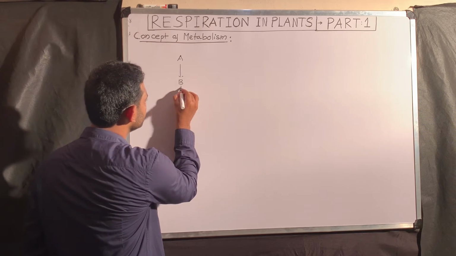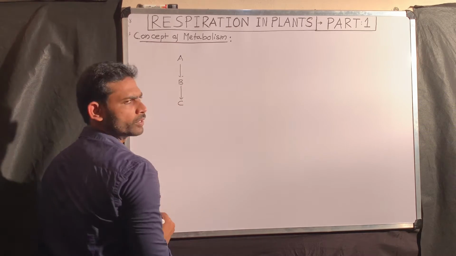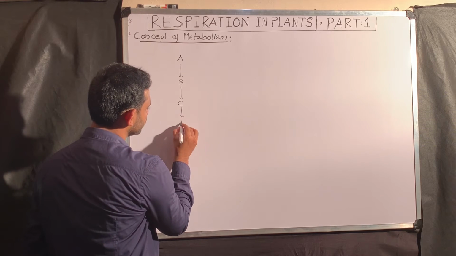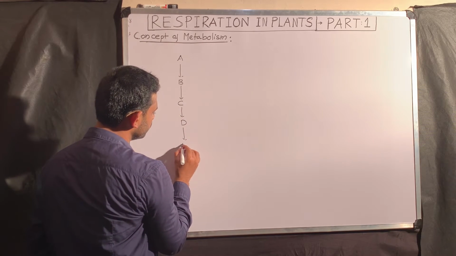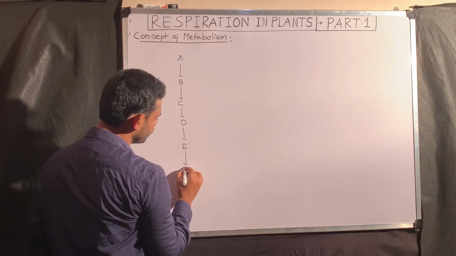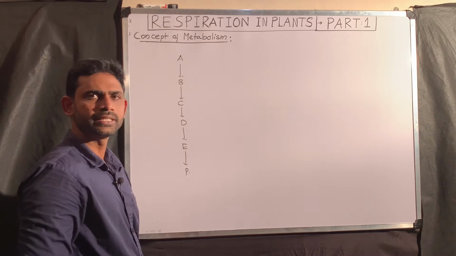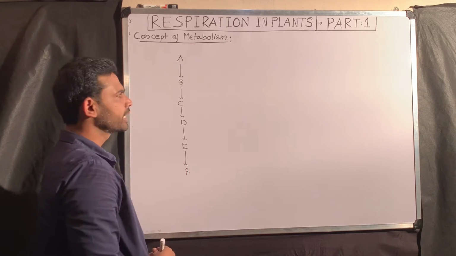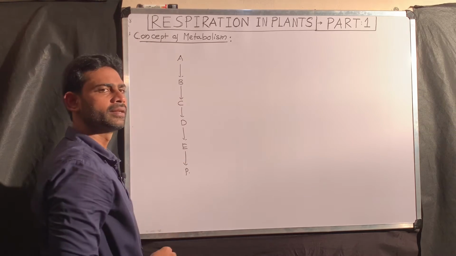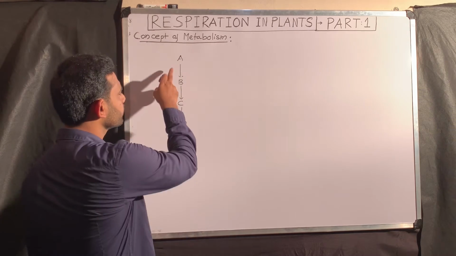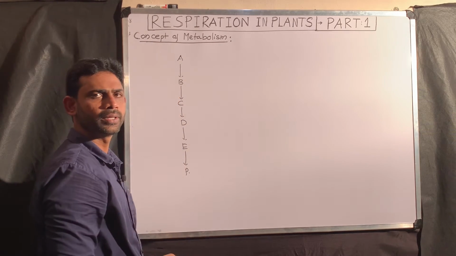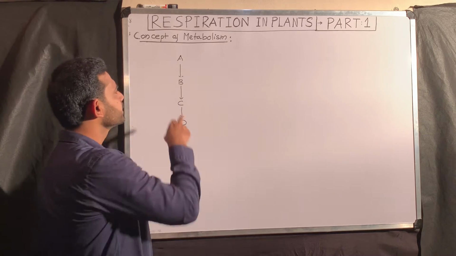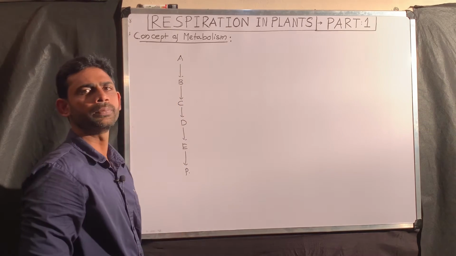For example, substrate B is converted into product C, C is converted into D, D is converted into E, E is converted into product P. See this one. Till now I explained about one biochemical reaction, but here I showed a sequence of biochemical reactions.